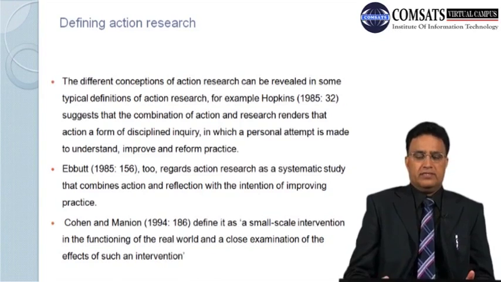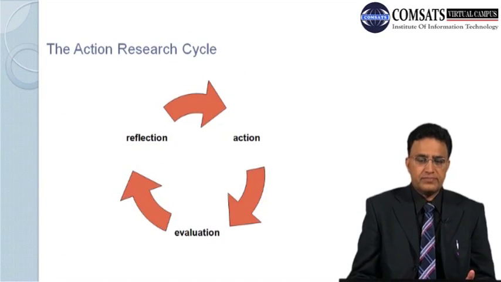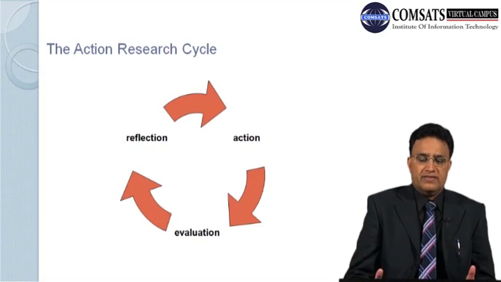Cohen and Manion define it as a small-scale intervention in the functioning of the real world and a close examination of the effects of such an intervention. So that could be summarized in a diagram. The key terms used in the action research cycle are action, evaluation, and reflection.